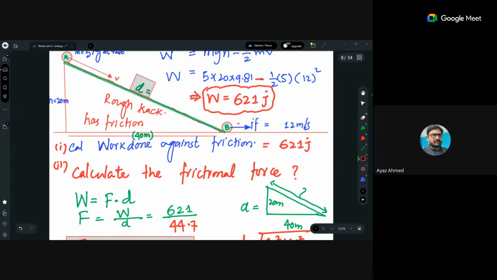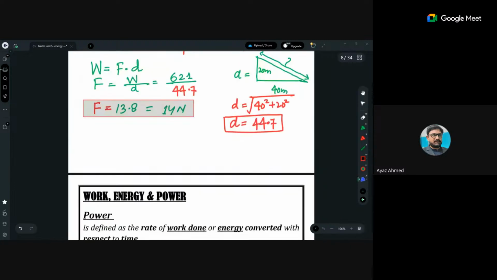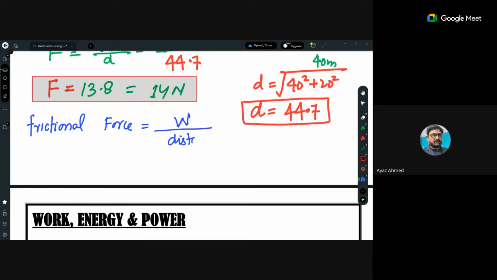Friction is applied along that track, right? So just consider this as a final statement: frictional force is work done against friction divided by the distance at which friction is there.